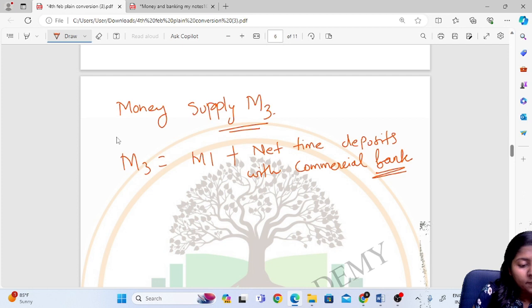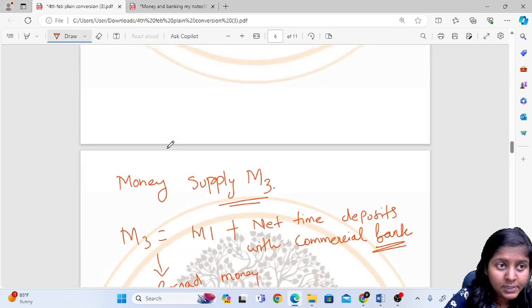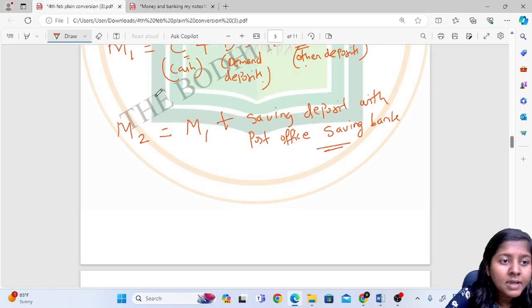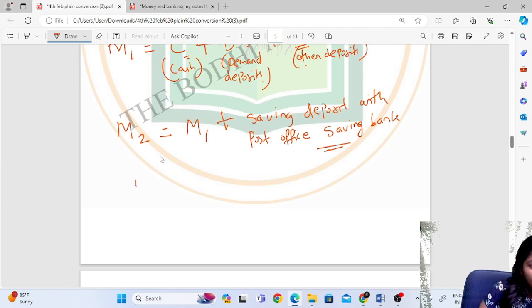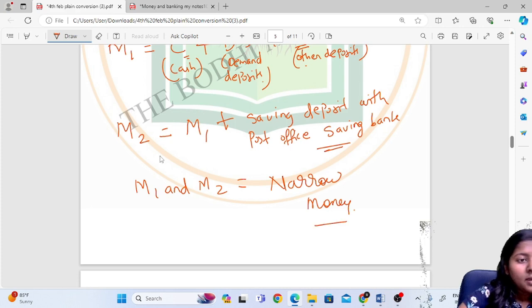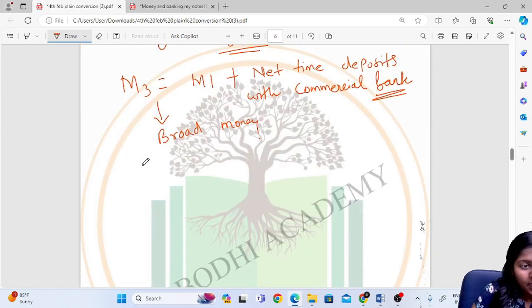So this is M3. M3 is also called broad money, and M1 and M2 are called narrow money. So narrow money is M1 and M2, and M3 and one more, M4, are broad.